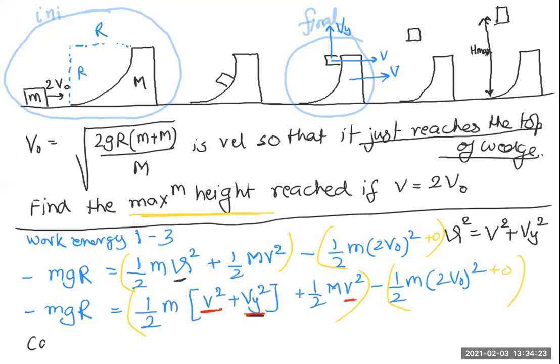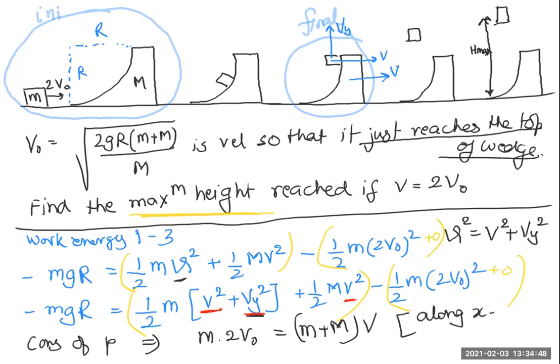So the conservation of momentum gives us initial momentum m into 2v naught is equal to (m plus m) into v. Please notice there is no appearance of Vy here, because we are conserving momentum only along the x-axis. So we are concerned only with velocity components along the x-axis, and this equation will not bother with the velocity along the y-axis.